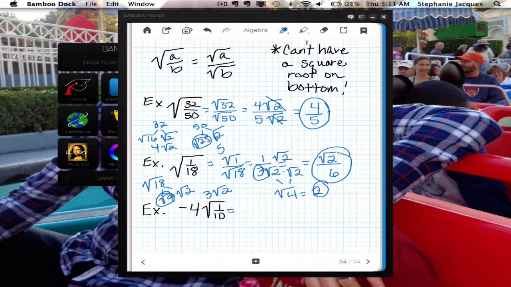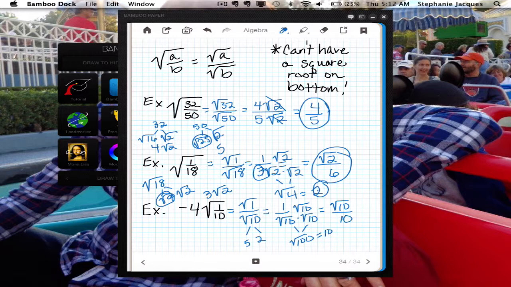Okay, let's look at a little more complicated one. You have this negative 4 out here. Leave it until the end. Let's just deal with our fraction, the square root of 1 over the square root of 10. The 10 can only break down into 5 and 2, and that doesn't give you perfect squares, so you leave it as the square root of 10. But remember, you can't have a square root on the bottom, so you multiply by square root 10 over square root 10. On top, I get the square root of 10. On bottom, the square root of 10 times the square root of 10 is the square root of 100, which gives me 10.